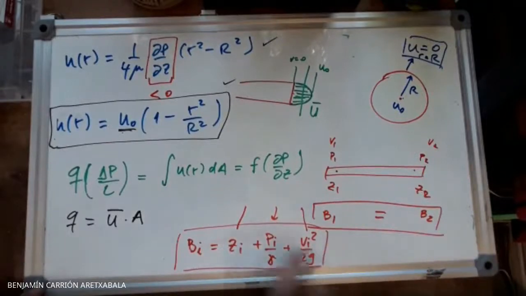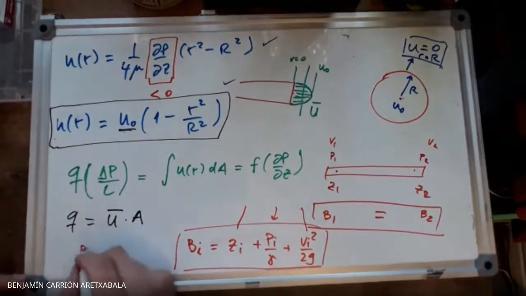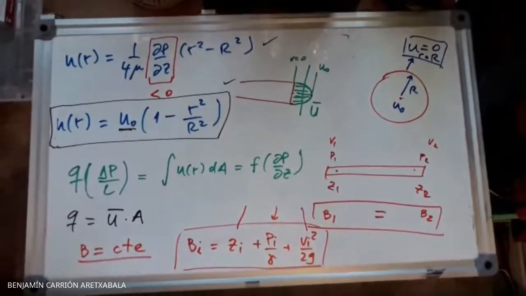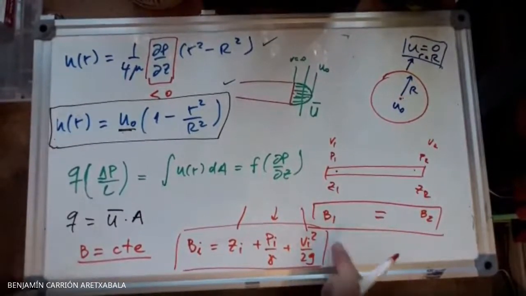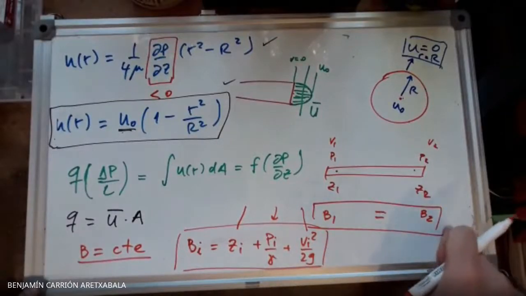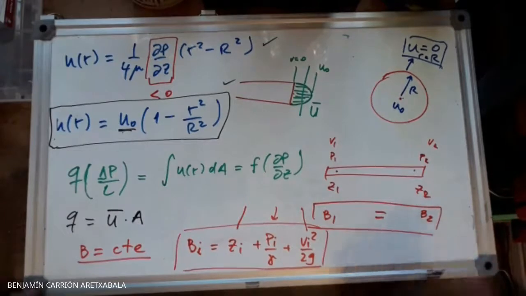But we used to say we can assume the Bernoulli to be constant, right? In which case we could say that the Bernoulli at 1 was equal to the Bernoulli at 2. Do you recall? If you don't recall, let's have a look.